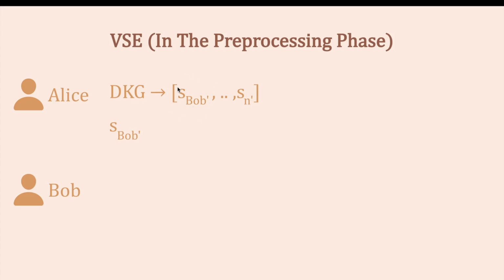She takes Bob's share simply and adds the private X bytes, the private point bytes, to yield the encrypted scalar, the encrypted value for Bob.